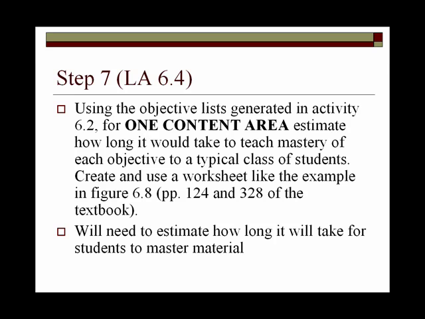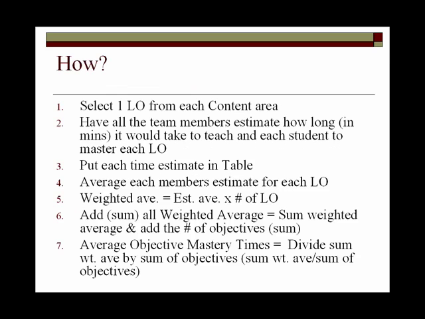You may even have more if you're really doing curriculum at your school, but for our class, you're just going to take one content area. For the 3, we're going to estimate how to do that. So you're going to need to estimate how long it will take for students to master material.